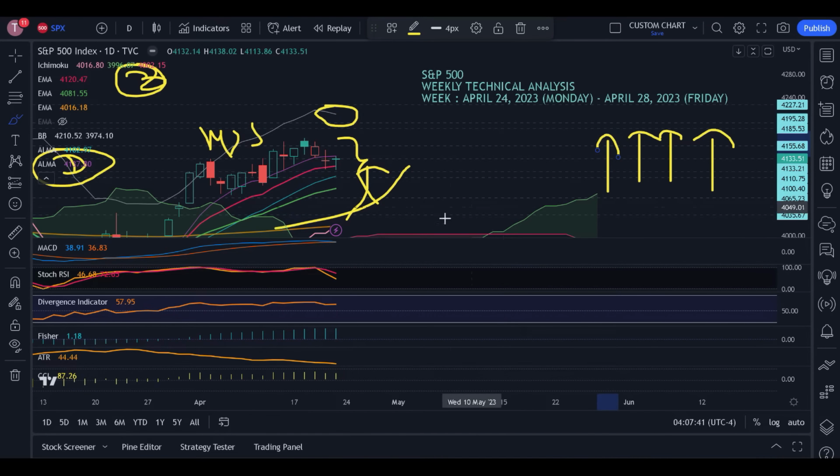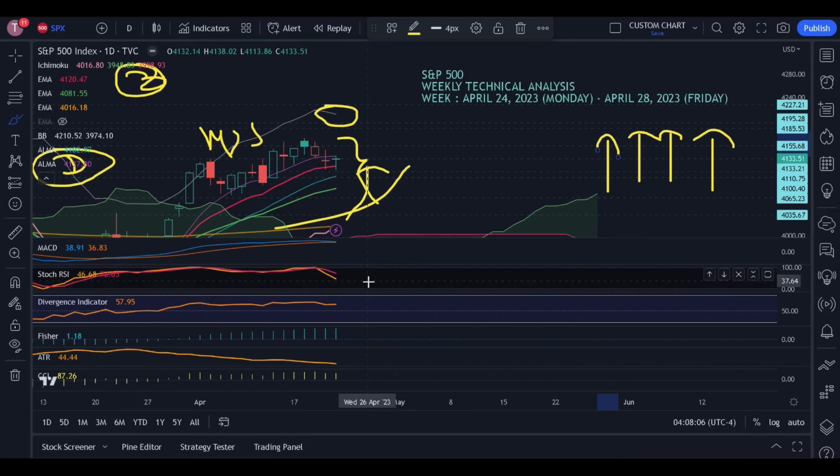As of now, we can see that the MACD is trying to converge, not diverge. Once we see a crossover in the MACD, that can change the entire picture, meaning from bulls to bears.